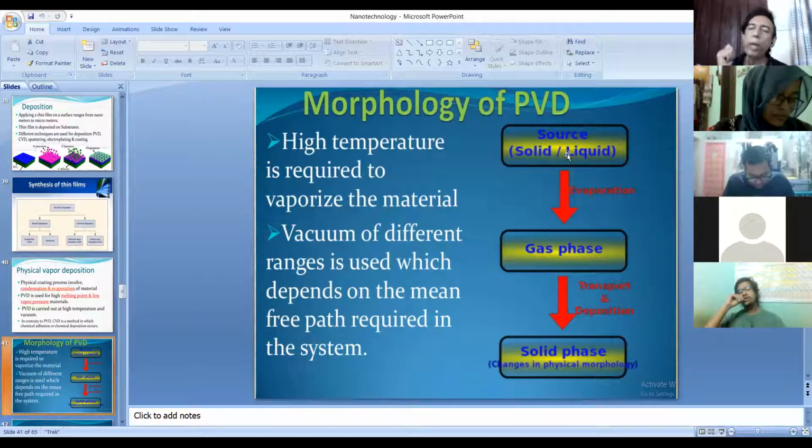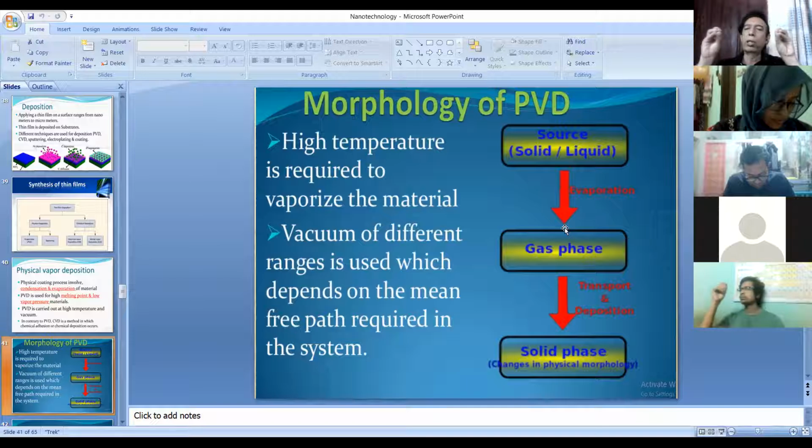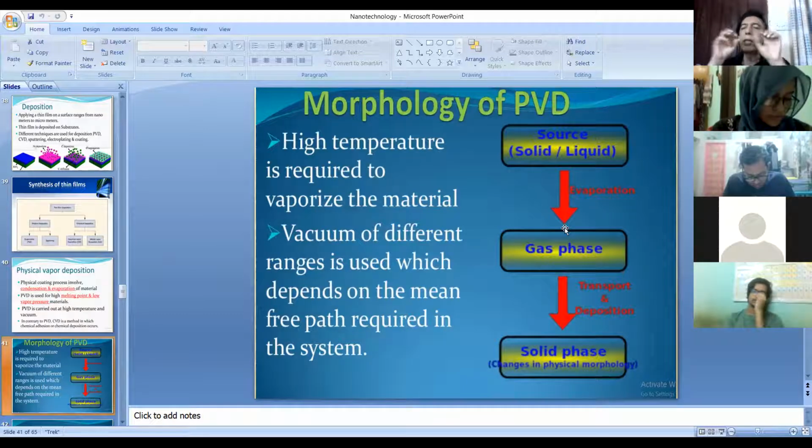Now, we have to first vaporize the aluminum. That means aluminum solid, we have to bring it into the gaseous phase. That means the aluminum atoms are now free. One aluminum atom, two aluminum atoms in the vapor are free to move. So we make the aluminum atoms in the gas phase so that they become free.